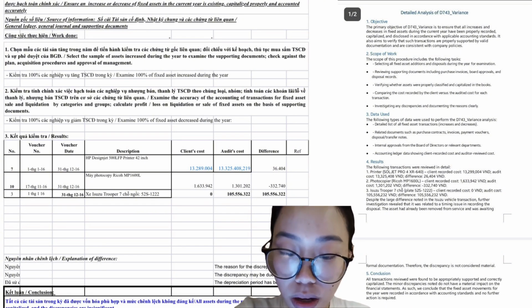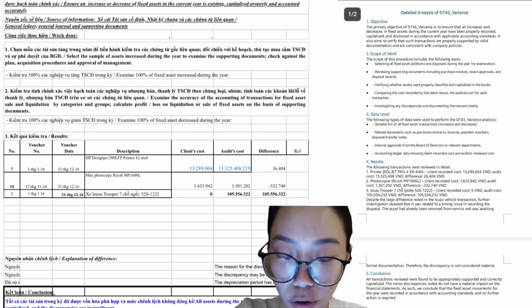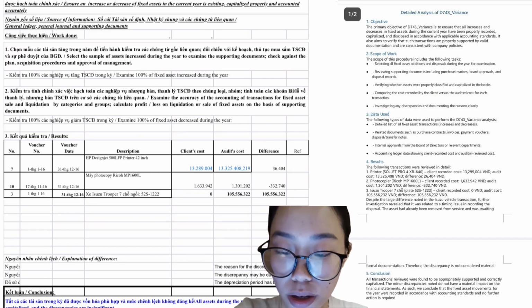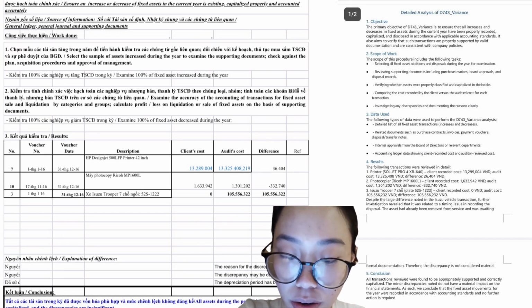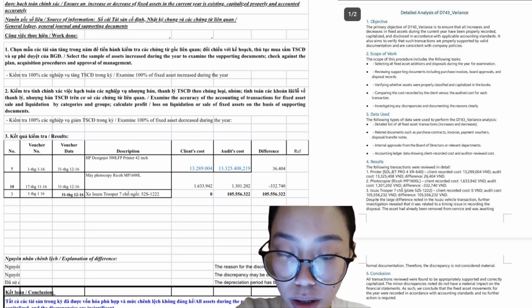Three, data used. The following types of data were used to prepare the D743 variant analysis: a detailed list of all fixed asset transactions, relevant documents such as purchase contract, invoice, payment voucher, deposit, transfer note, internal approval from the board of directors or evaluator, accounting, legal status, showing client recorded costs and auditor review costs.